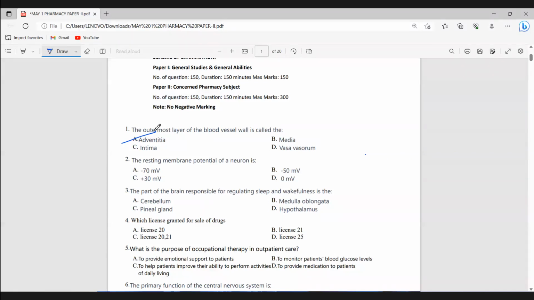Even though you know the explanatory part, you just note it in your notes. It is a connective tissue layer that helps to anchor the blood vessel to the surrounding tissue.